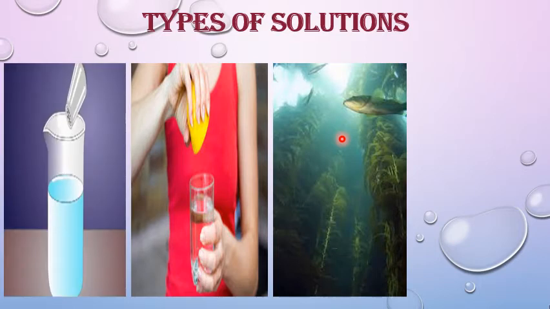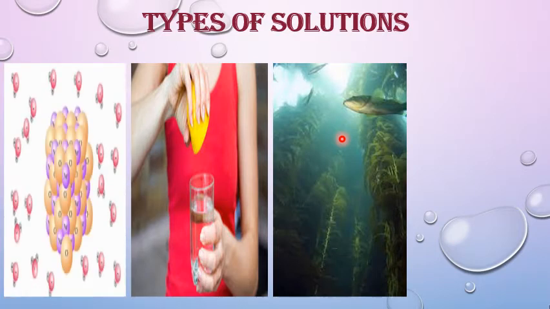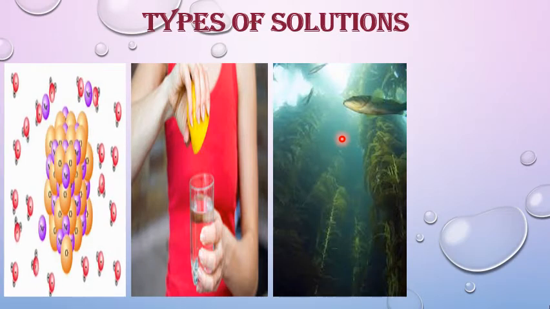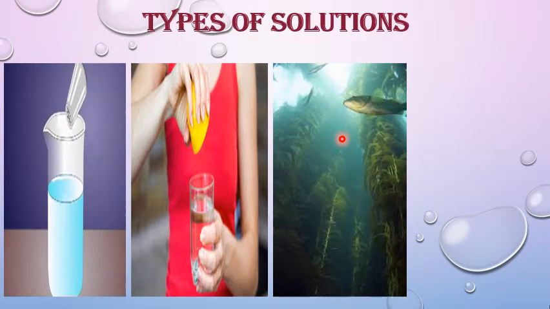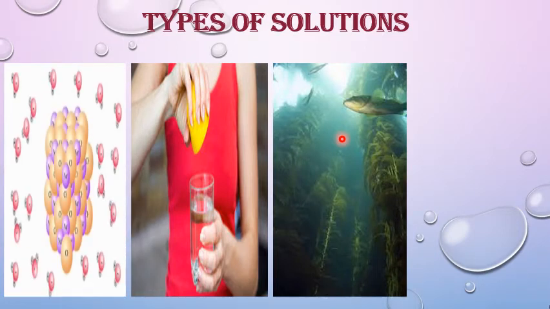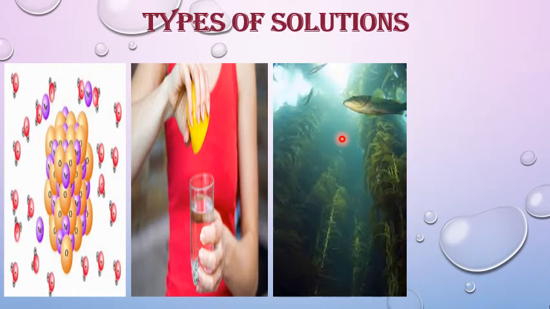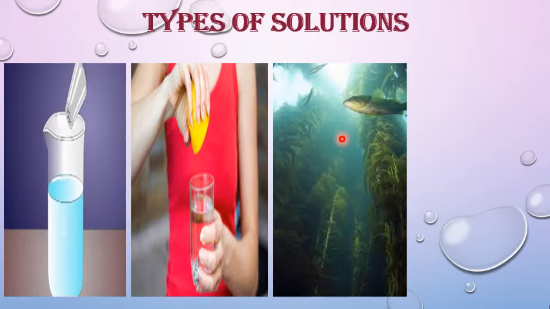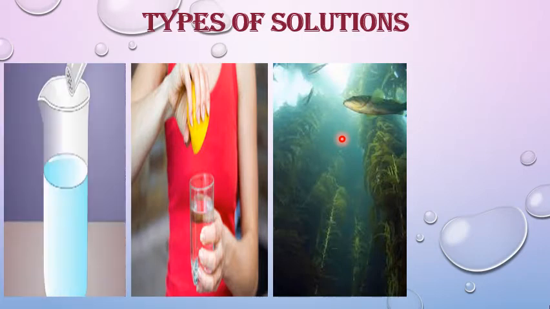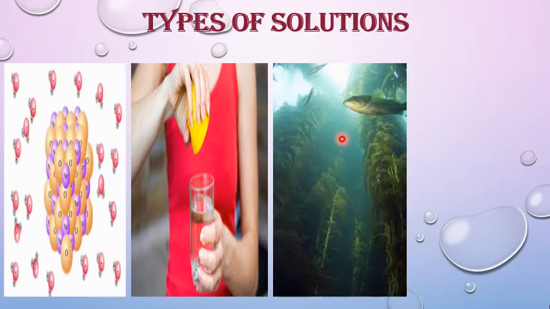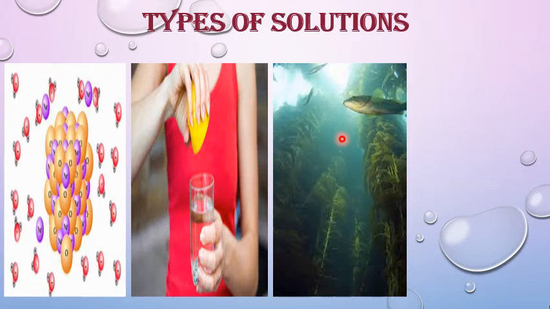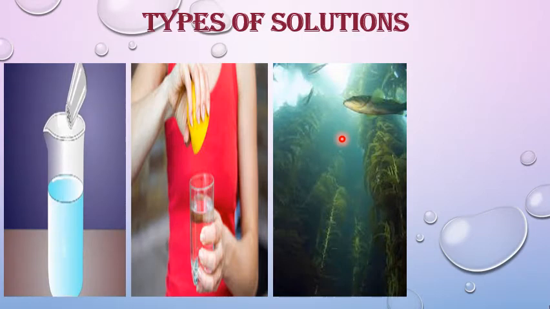So in the marine water, the oxygen is dissolved. Oxygen dissolves in water, and this is the reason that marine life, aquatic life that is under water, they are able to survive. How are they able to survive? Because oxygen is dissolved in water. So the dissolved oxygen in water helps the marine life to survive.